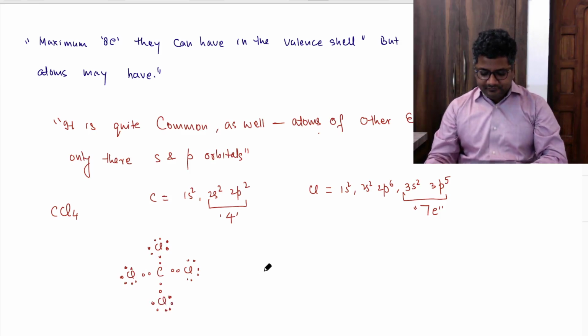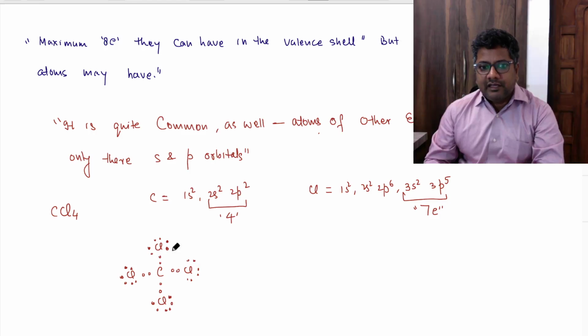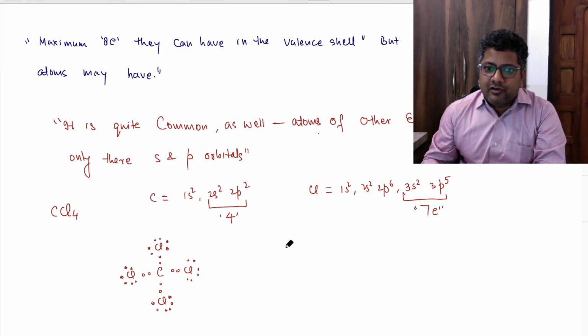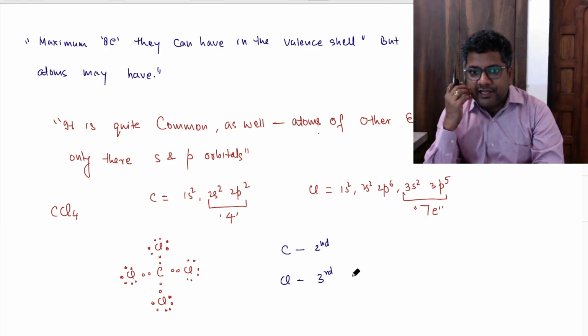Now see, if you carefully examine this structure, carbon belongs to the second period, and chlorine belongs to the third period. In the third period, they can accommodate more than 8 electrons due to the availability of orbitals.